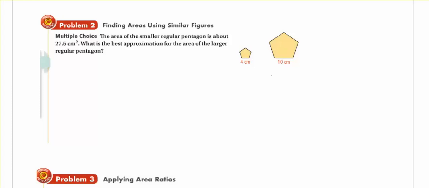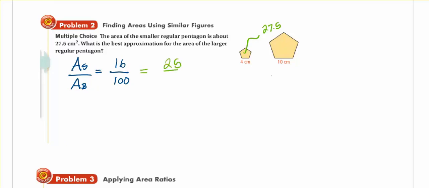Okay, so for problem 2, I know the area of the small over the area of the big is going to have to be, the ratio will end up being 16/100. Okay, and I know that reduces, but let's not worry about it now. So it says the smaller pentagon is 27.5. Okay, so that's going to be here.